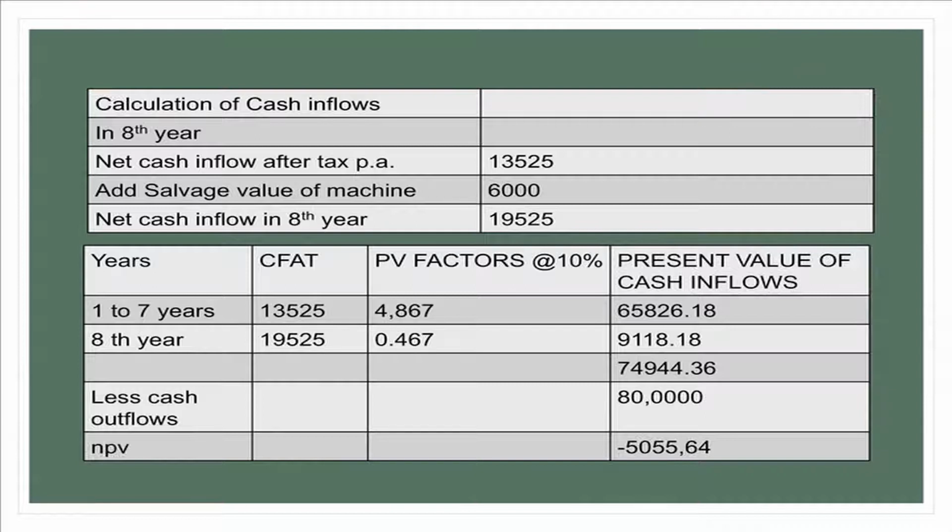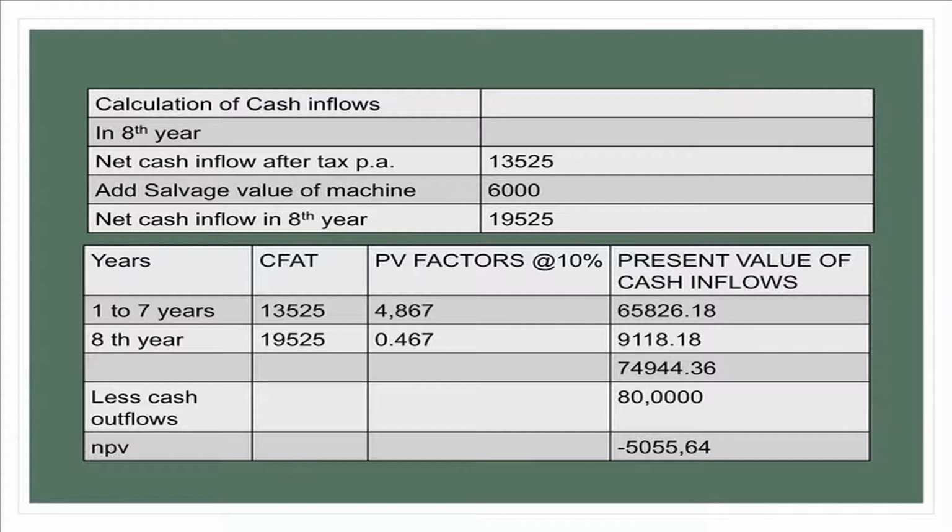65,826.18, and in 8th year 19,525 into the PV factor of the 8th year, that is 0.467. So, we will get the present value of cash inflows as 9,118.18. So, our present value of cash inflows will be 65,826.18 plus 9,118.18 is equal to 74,944.36.